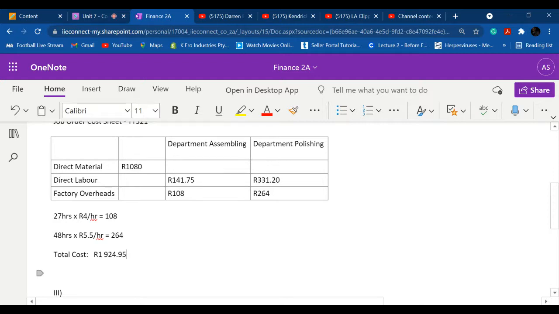Okay. And can you see here, they didn't tell us the actual manufacturing overheads. Why didn't they give us the actual manufacturing overheads? Because typically you're doing this prior to invoicing a person. Does that make sense? So a customer comes in and says, I want job TT321.